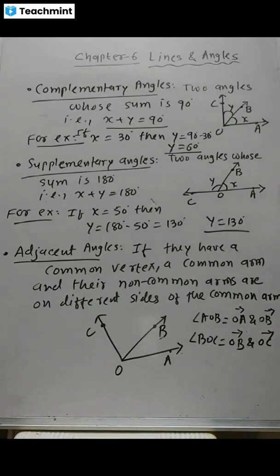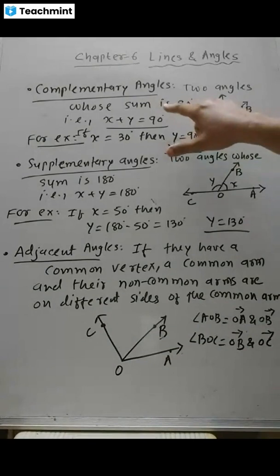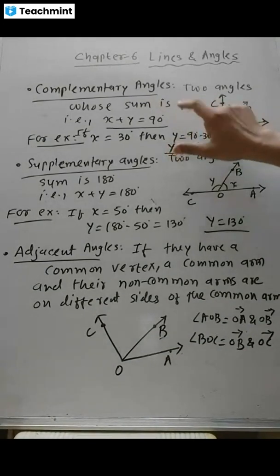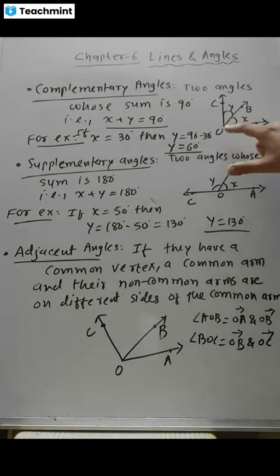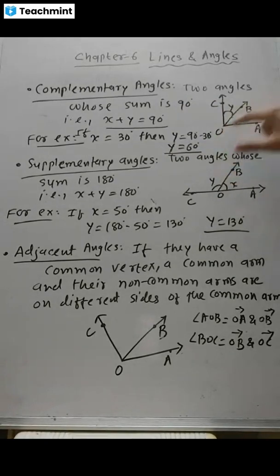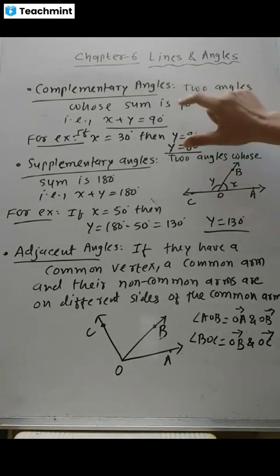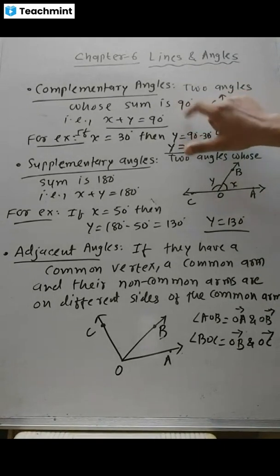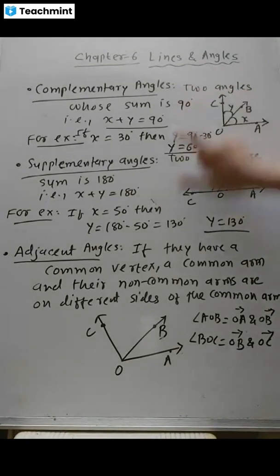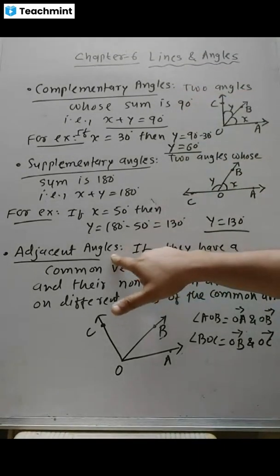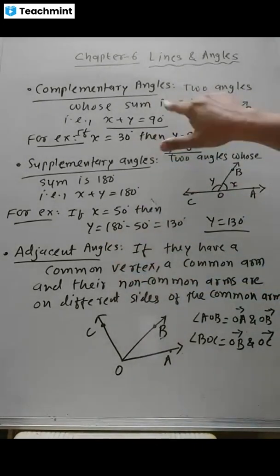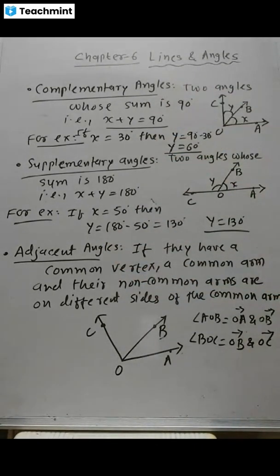You remember this. Every complementary angle: here ray O is the common vertex, ray OB is the common arm, and ray OA and ray OC are on different sides. So every complementary angle is an adjacent angle, but every adjacent angle is not complementary.